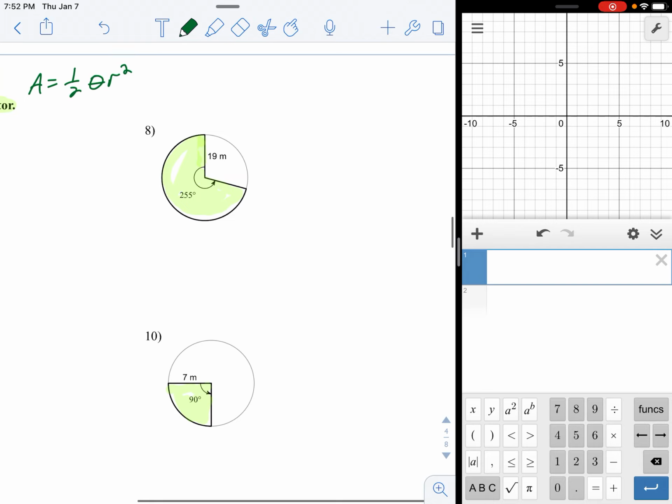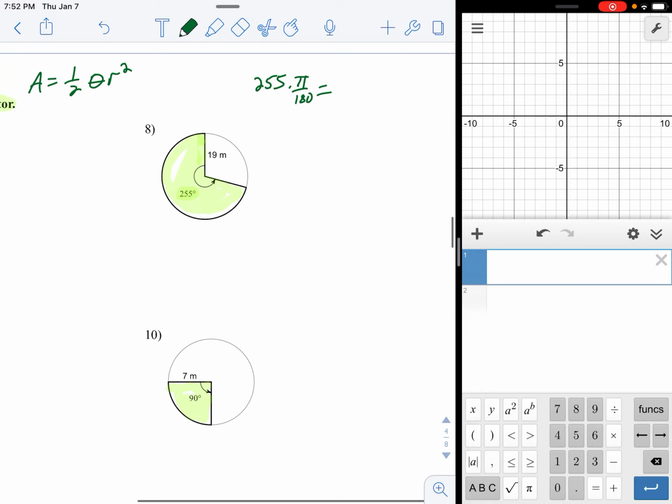It's like the last problem where we do have to convert the angle from degrees to radians. You can either do that separately, 255 times pi over 180, get an answer, and then plug that into the formula, or you can just plug it into the formula all at once. I honestly prefer plugging it into the formula all at once.